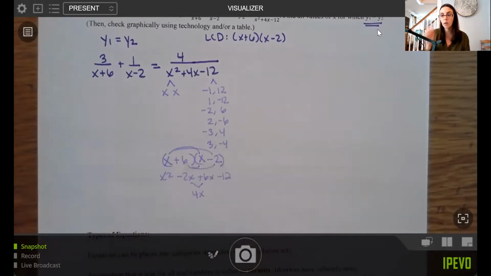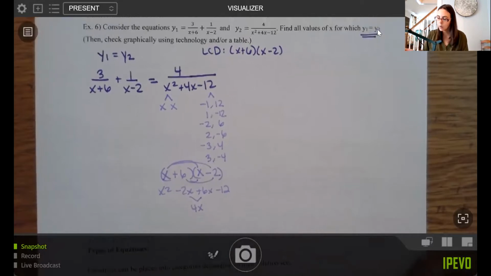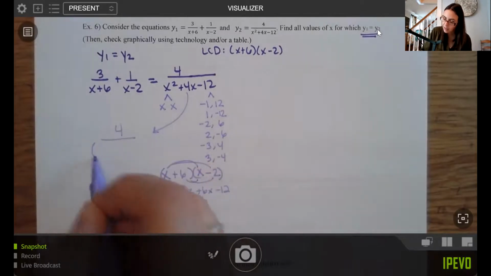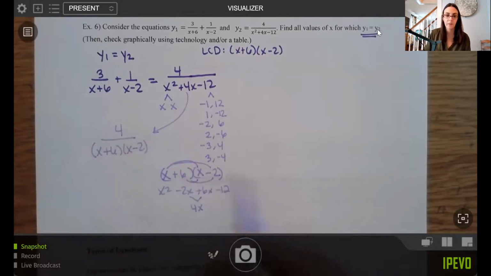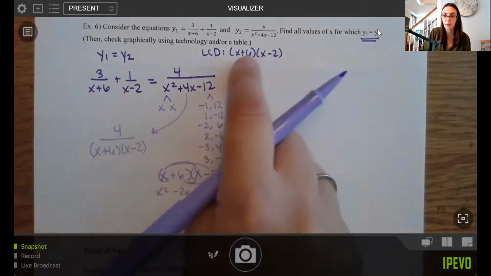So for factoring, we're just reverse multiplying. We're trying to break it back down into its factors, into those multipliers instead. So this product right here actually can get rewritten as x plus 6 times x minus 2. And notice that we already have those two factors accounted for.